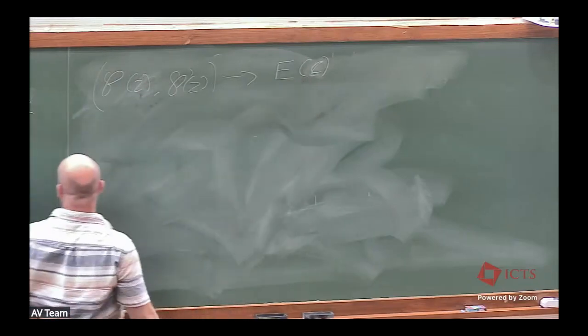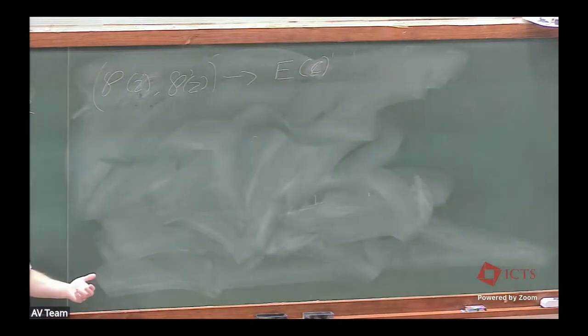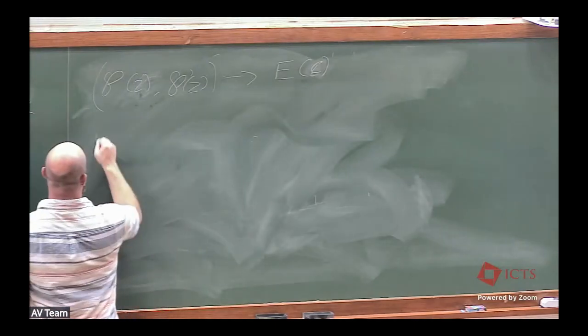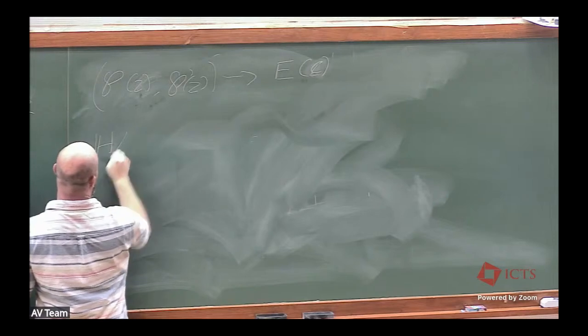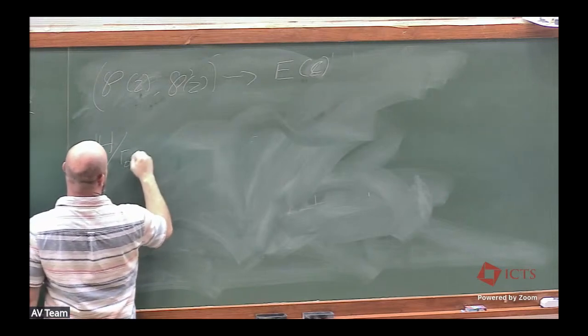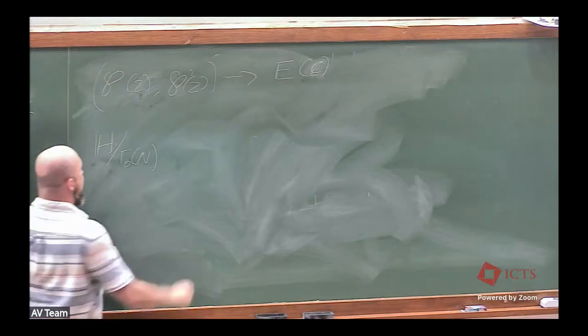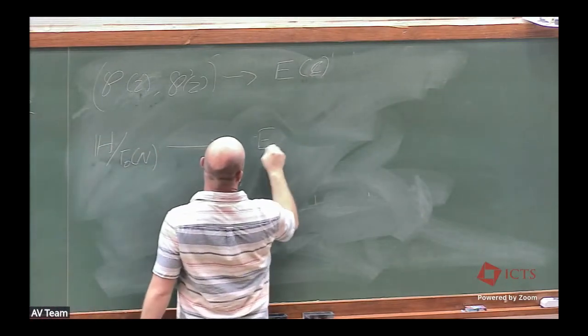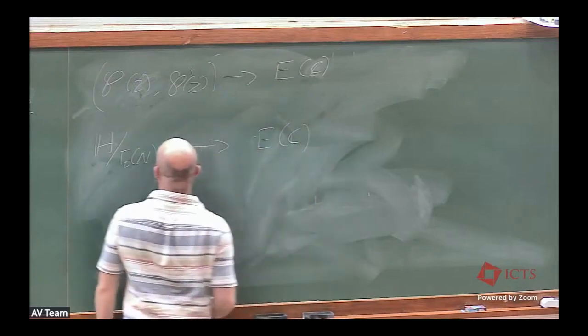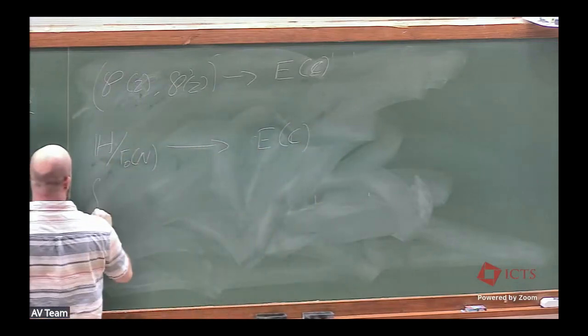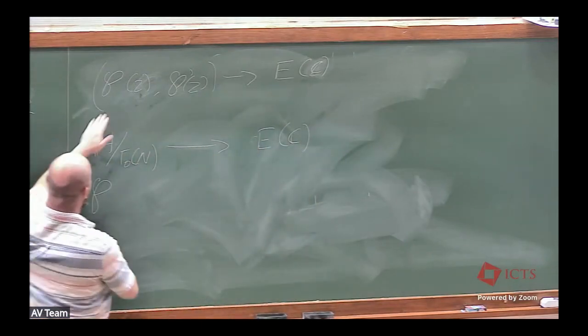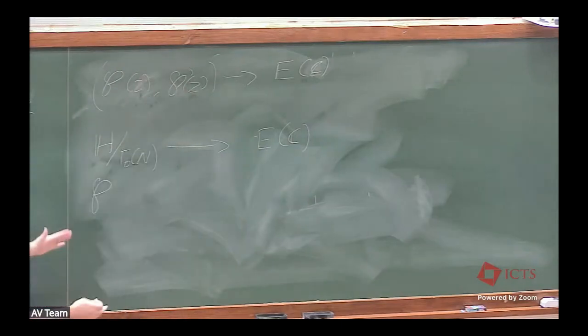Now, what we're going to do here for the modular parameterization is a map from H mod gamma naught of N. So this is our modular curve. And we want to go to our elliptic curve over C. And what we're going to do is take our Weierstrass P function, or the derivative, or both of them.